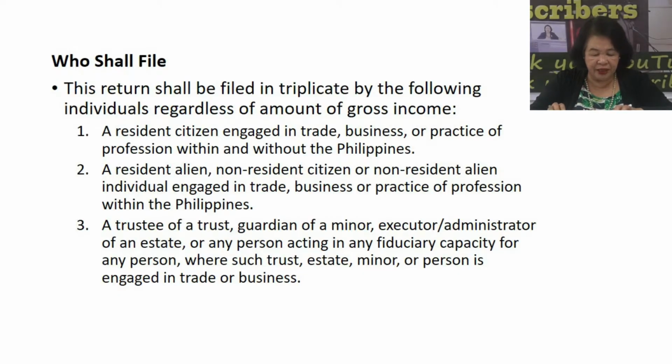And then number 3, a trustee of a trust, guardian of a minor, executor, administrator of an estate, or any person acting in any fiduciary capacity for any person where such estate, minor or person is engaged in trade or business, no?